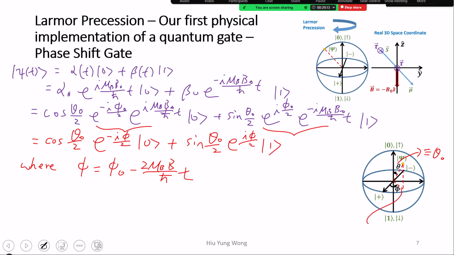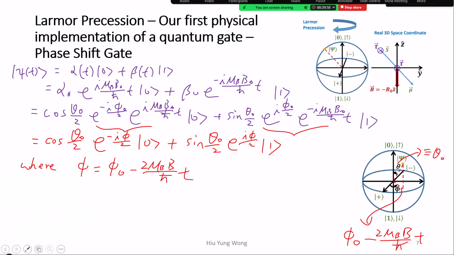But this phi is equal to phi 0 minus 2 mu b over h bar t. Is that okay? Then what is the meaning of this? You see, the state is that you always keep theta 0, but your phi is changing. If it is changing, it means you are doing circular motion on this sphere, right? On this circle. So it's precessing, it's moving as a function of t. And this is called Larmor precession.